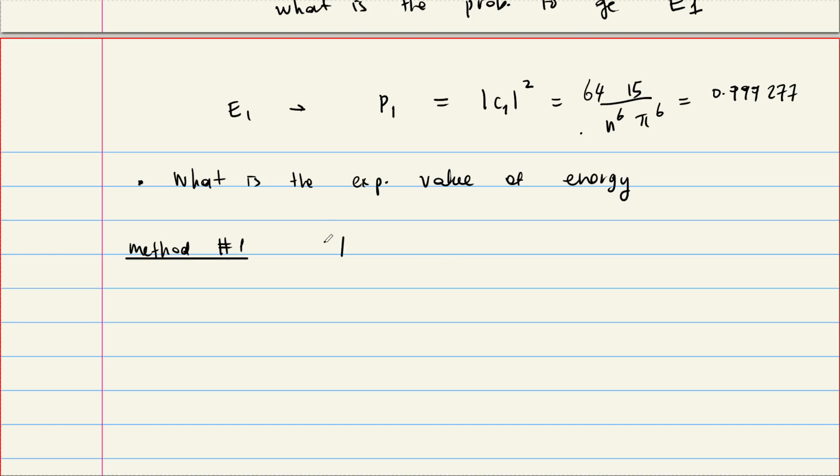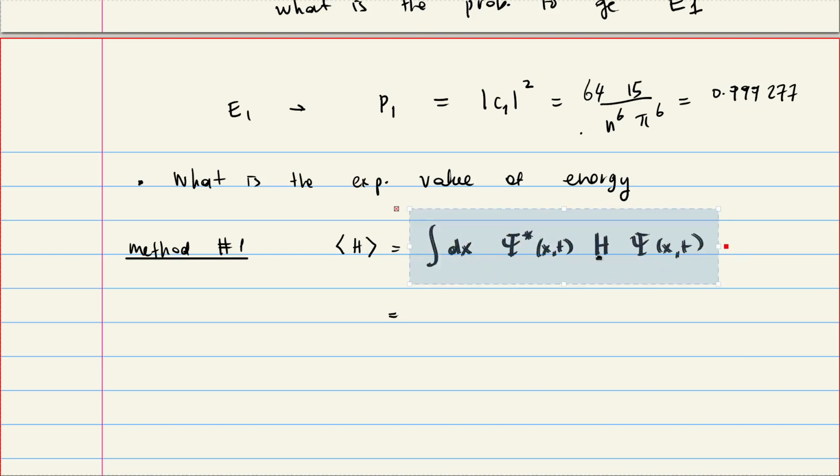So we said, let me sketch this out and we can do the details like an exercise. The easiest way for us to do this is: you can do the integral of psi star (x, t) H psi (x, t). Now the first thing we need to say about this in the first method is that because energy is time independent, I anticipate this thing to be the same at all times.